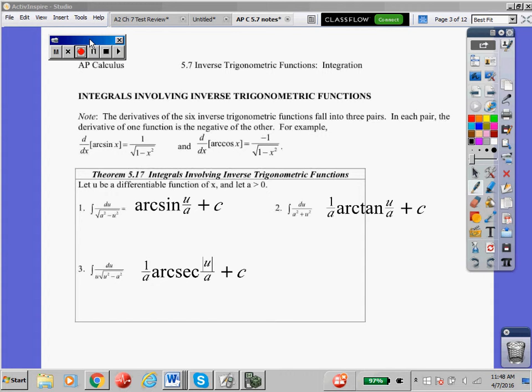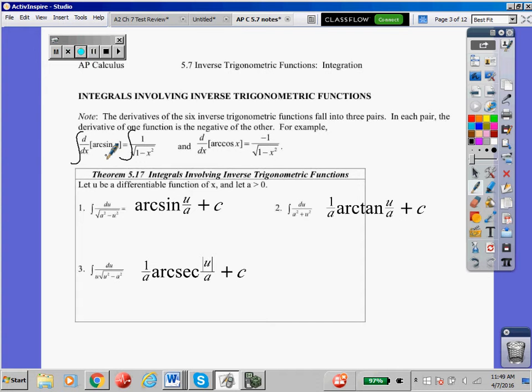All right, so at the top, though, it says, note, the derivatives of the 6 inverse trigonometric functions fall into 3 pairs. In each pair, the derivative of one function is the negative of the other. So what's very interesting is if the derivative of arc sine is 1 over the square root of 1 minus x squared, then the integral of 1 over the square root of 1 minus x squared is equal to arc sine x, okay?